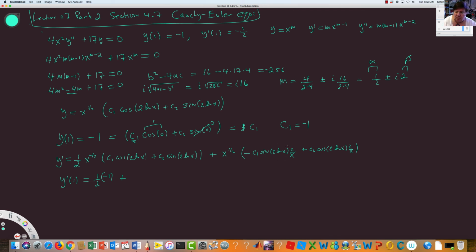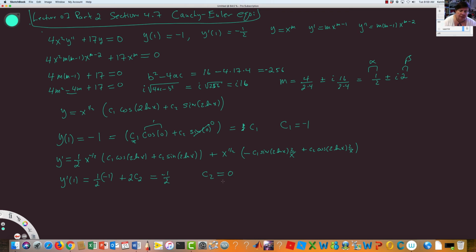This is 0 because sine of 0 is 0. And I get a term that's just C2 times the cosine of 0, which is 1, times 2, since x is 1. And this needs to be minus 1/2. I hope you can see immediately that C2 has to be 0.